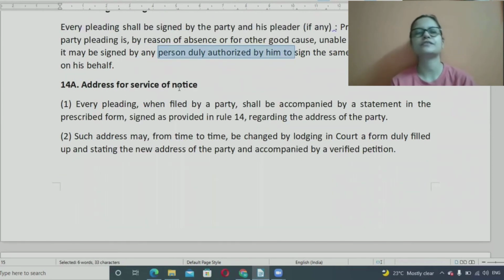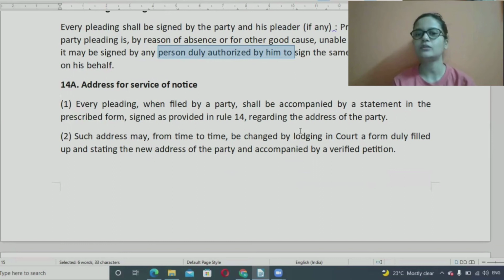Now, address of service of notice. Once the case starts, there may be certain notices which the court would be willing to send to parties. So it is very much necessary that parties provide their address, so that notices reach the party. Every pleading, when filed by a party, shall be accompanied by a statement in the prescribed form, signed as provided in Rule 14, regarding the address of the parties.